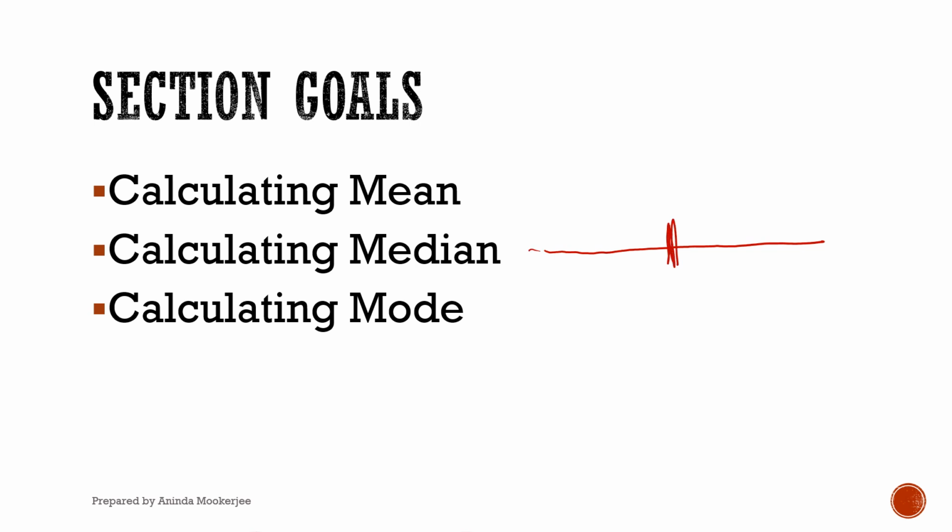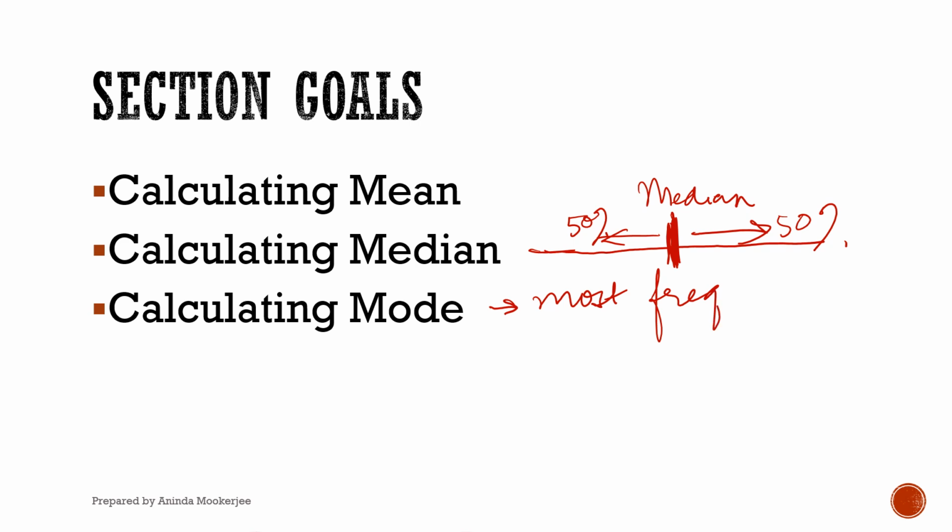So if we have a median value, then 50% of the data will be to the left of the median and 50% will be to the right of the median, right? So that's what the median is about. We learn how to calculate or how to find the median. And the mode is the most frequently occurring value. The most frequently occurring value. That's what the mode is about.